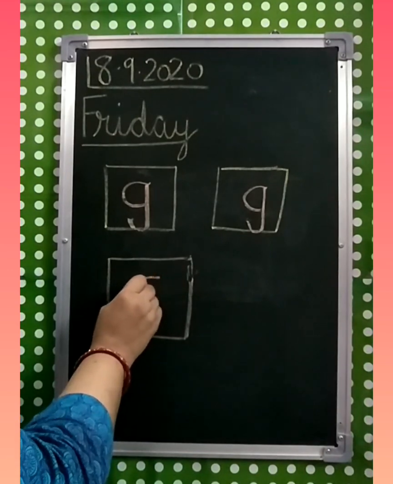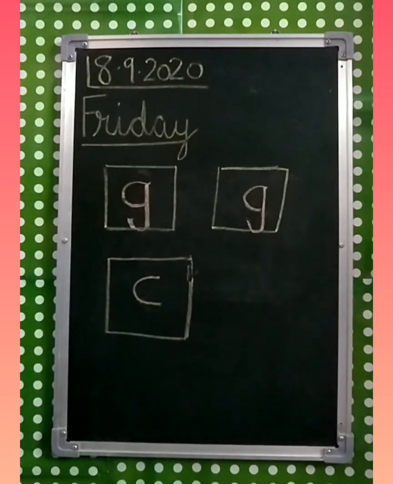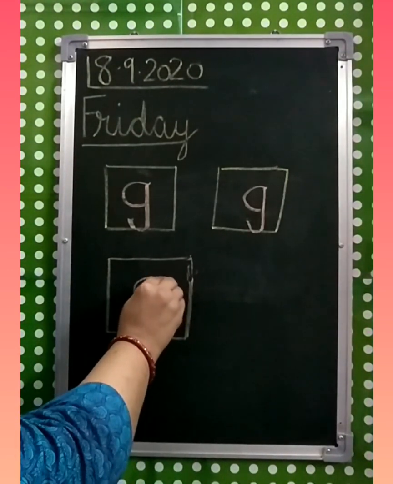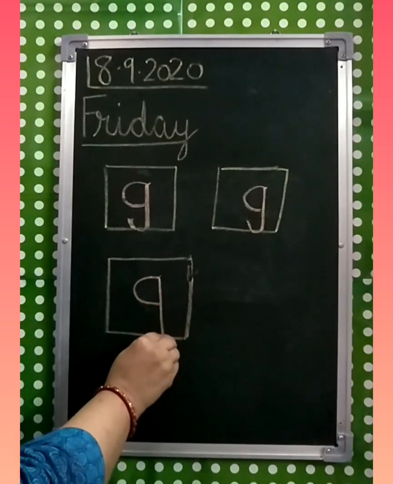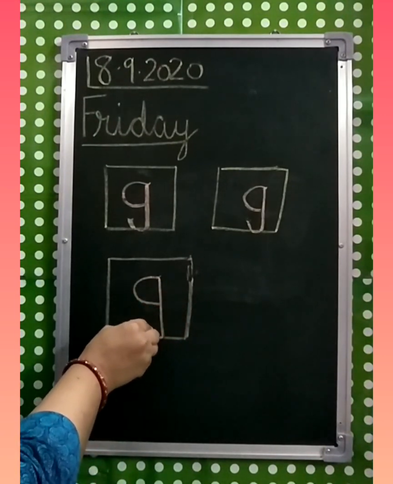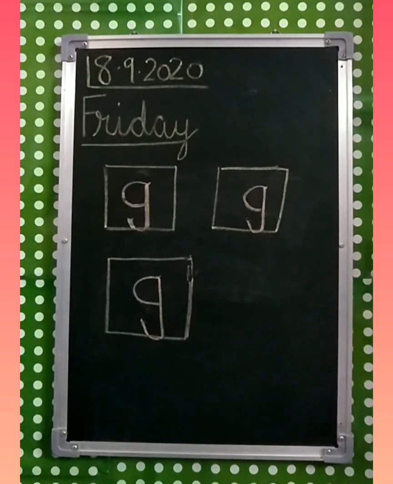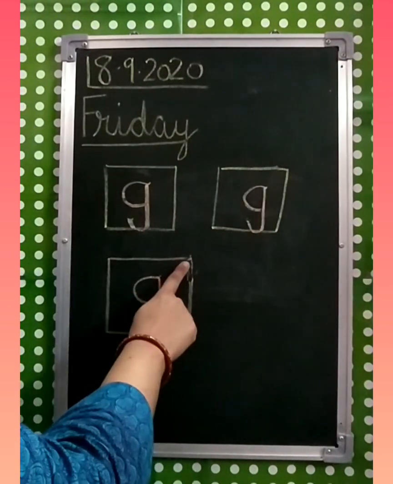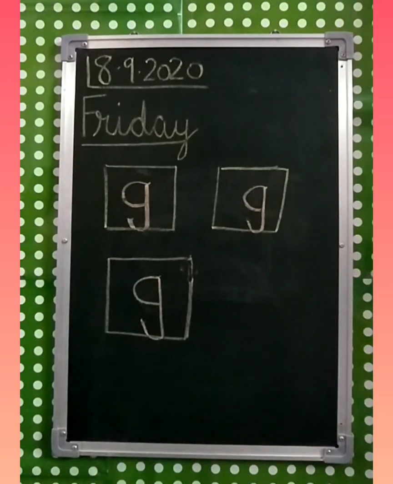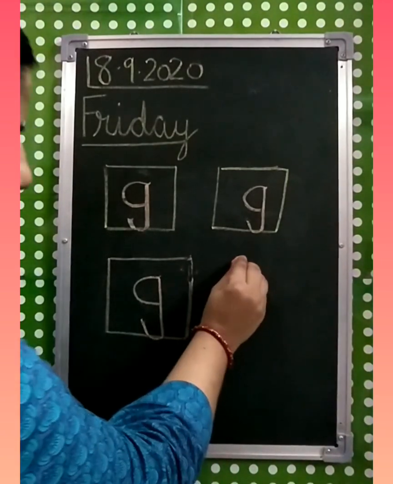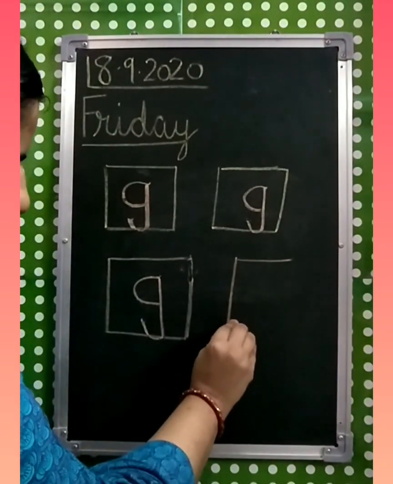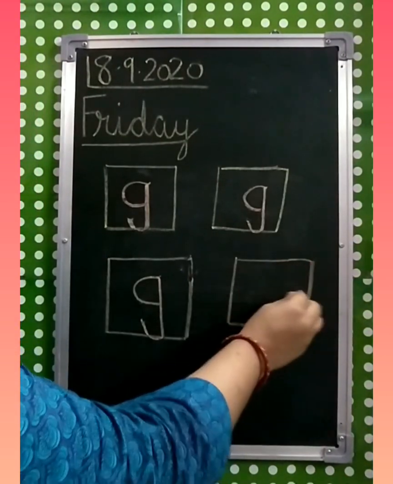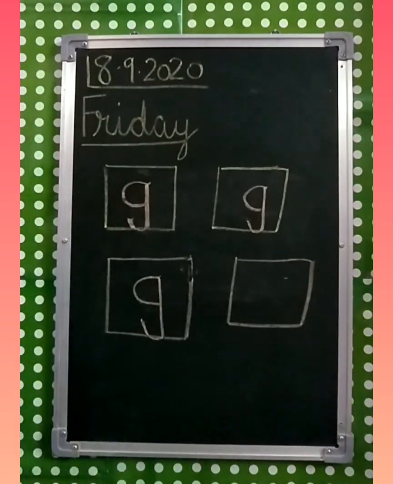From the dot we will make C. Then again we will keep pencil on the dot, make one standing line, come down and touch the bottom line and turn. This is small g. G. G. Please remember the sounds of all the letters. That will be very helpful for you.